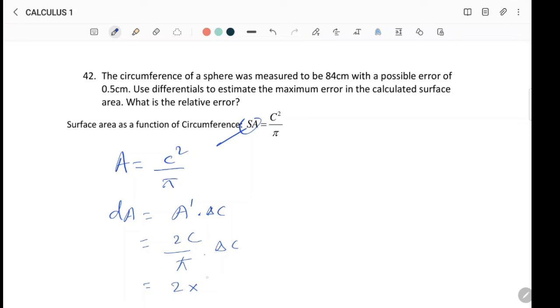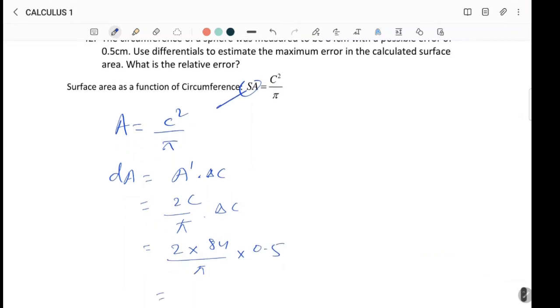The circumference of the sphere was 84, over pi times delta c, which is 0.5, which is 2 times 84 times 0.5 over pi, which is 26.73. This is dA.